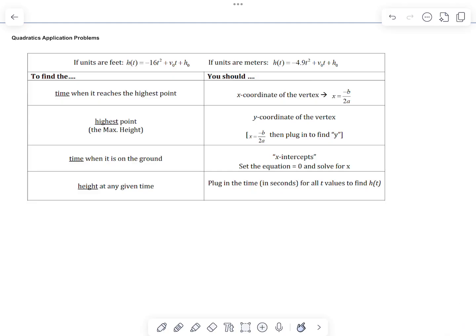So in our word problems, we're going to ask you to find some important pieces, such as the time when it reaches the highest point. When we're asking for the time when it reaches the highest point, we're asking you to find the x-coordinate of the vertex. So we're going to use the equation for the axis of symmetry, x equals negative b over 2a.